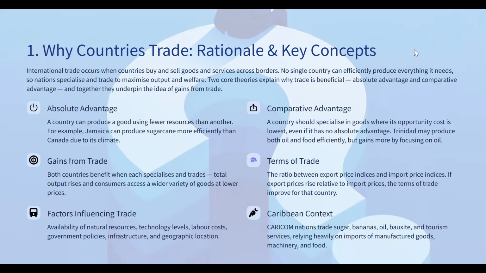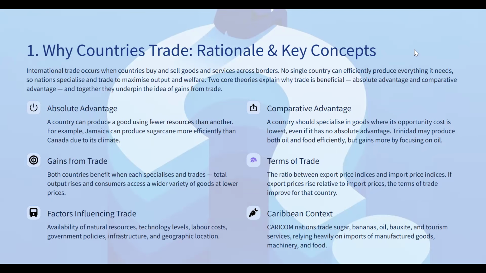The factors that influence trading now. Basic things. Technology levels. The labor costs. The availability of natural resources. Infrastructure.